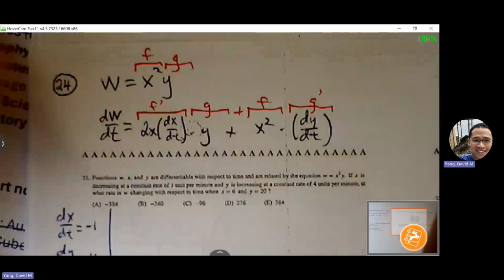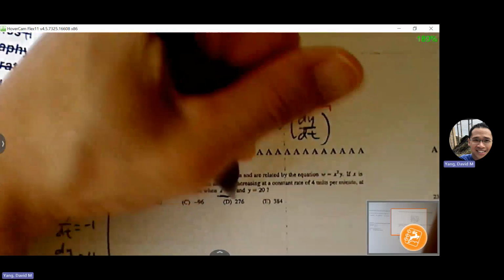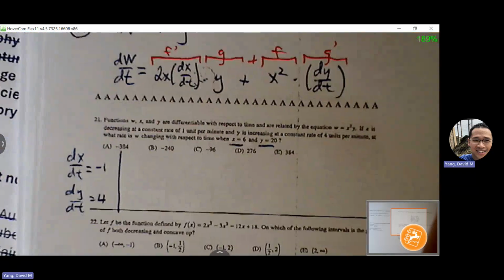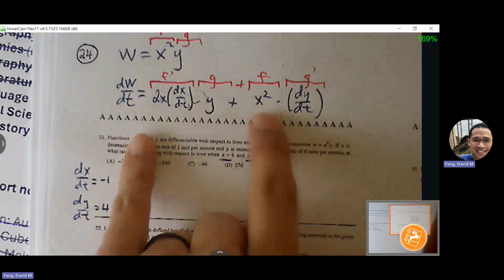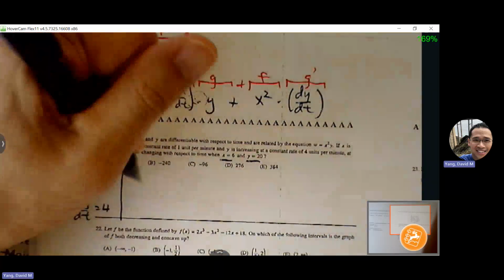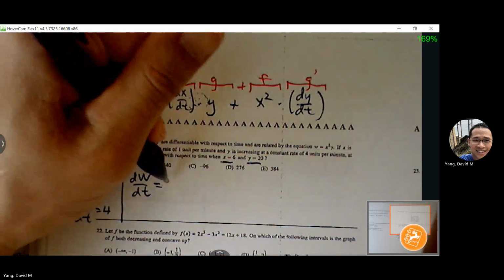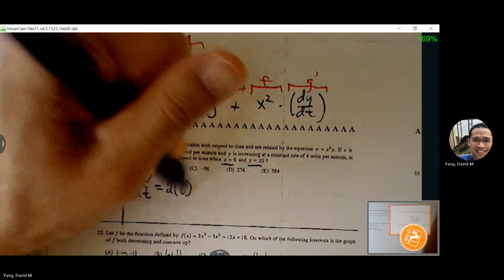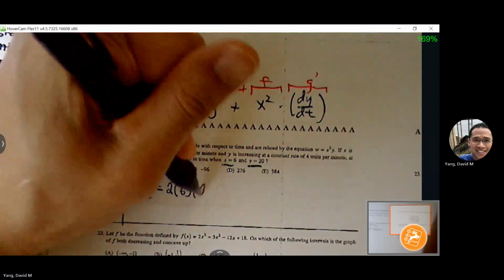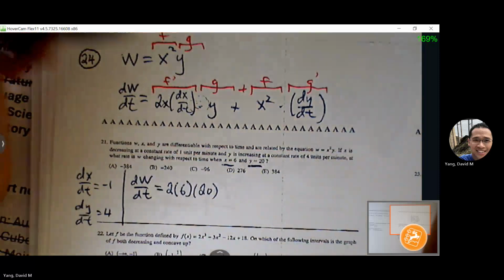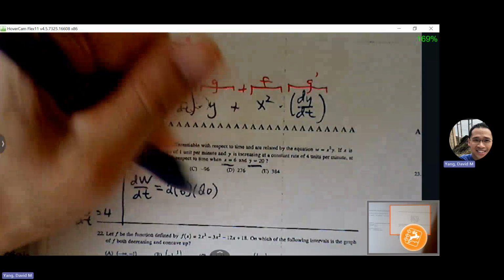And we're looking for dw dt. Then x is 6 and y is 20. So we have everything that we need to put into our derivative equation and then solve for dw dt. Sorry, 2 times 6 times -1 here as well.